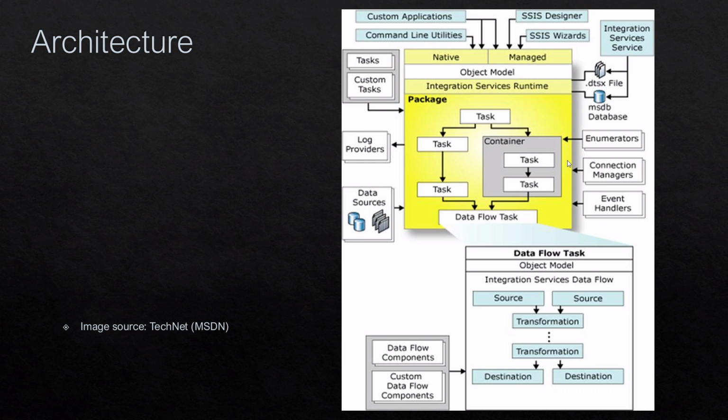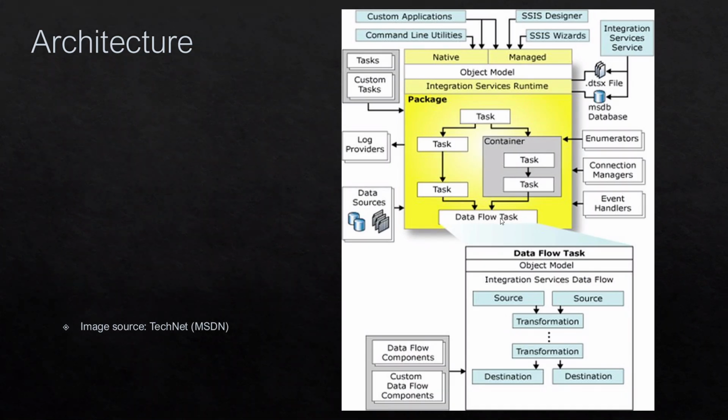This is the architecture diagram of SSIS. The main component of the architecture, given in the yellow color, is the control flow, which defines in which order the data should be executed. It has many tasks and containers, which are groups of tasks, and we can also see the data flow task in that.